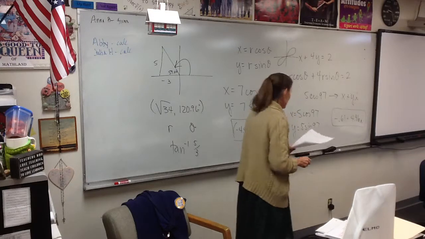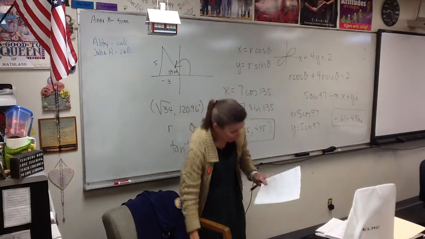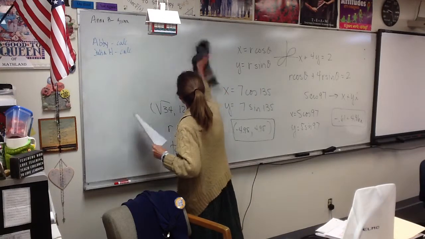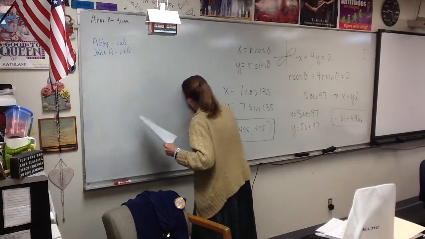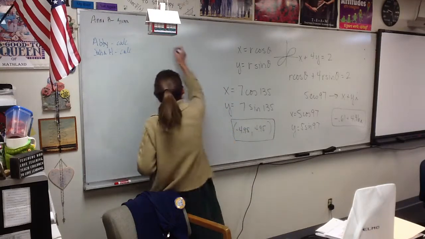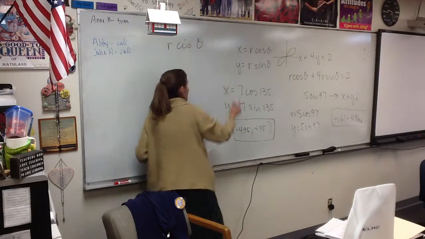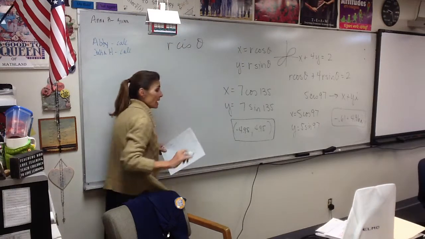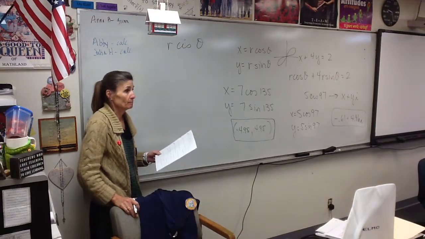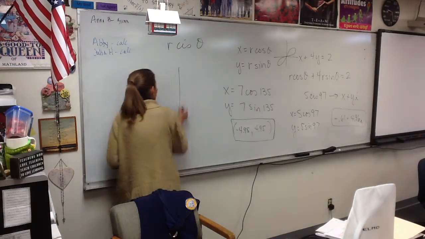Okay, one more and we'll stop. We'll do the other side tomorrow. Convert to polar form. Polar form, R cis theta. How do I find my R and my theta? Draw it, exactly.